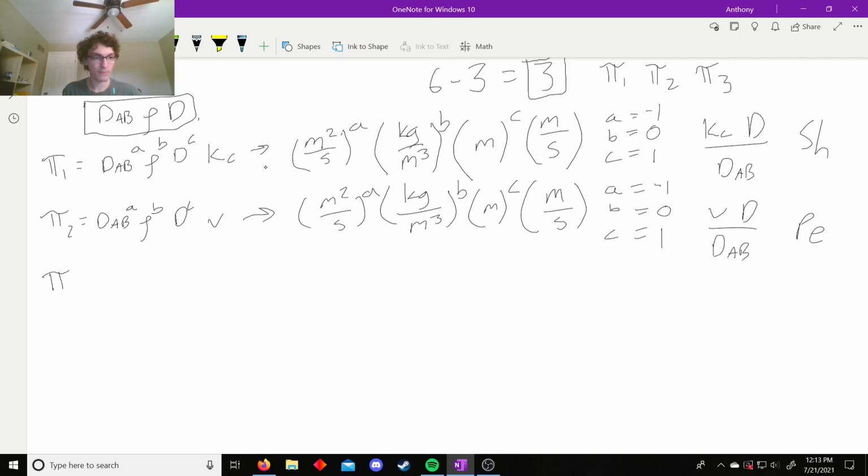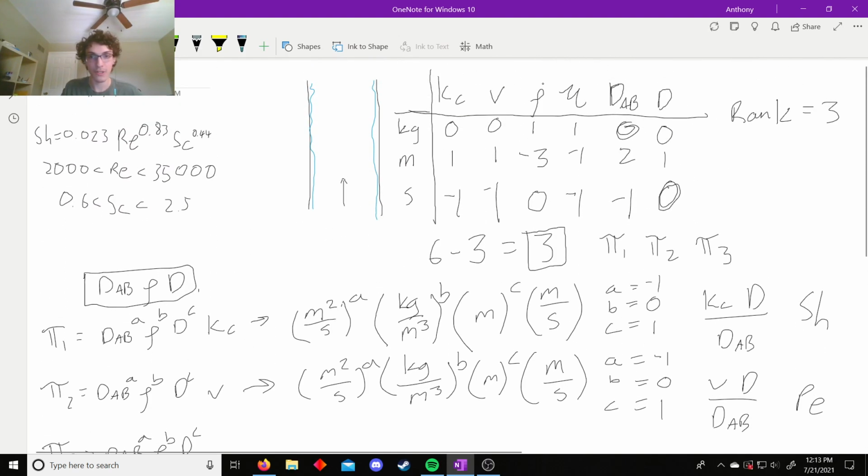And finally, we have our pi 3, which has our same core group here. But now we have our last variable, which is our viscosity.